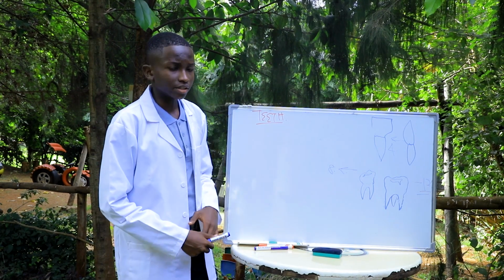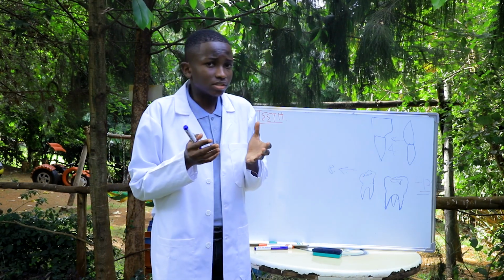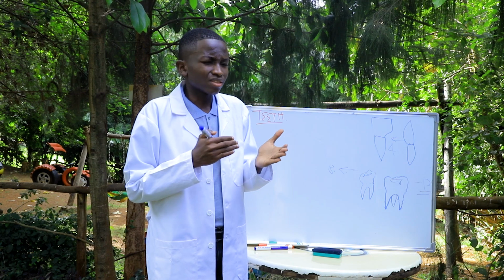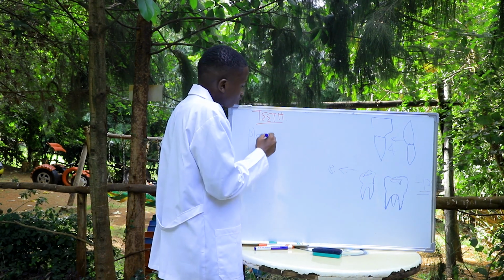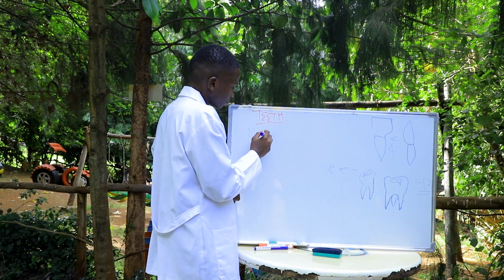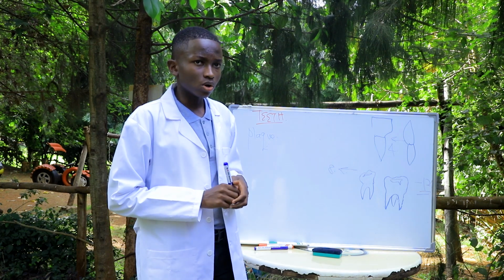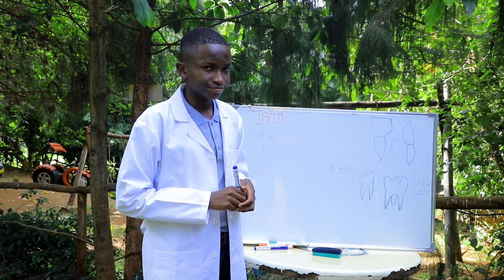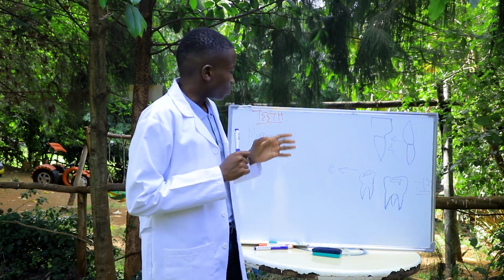See, what happens is that there are those people who don't tend to brush their teeth. And what happens is that when you eat food, there's something that is called plaque that forms on your teeth. This plaque that forms on your teeth starts working on your teeth.